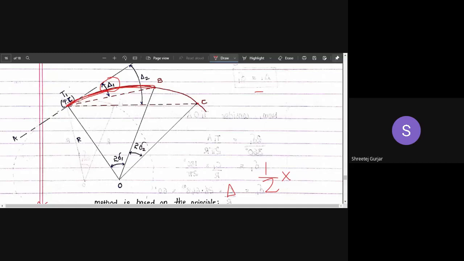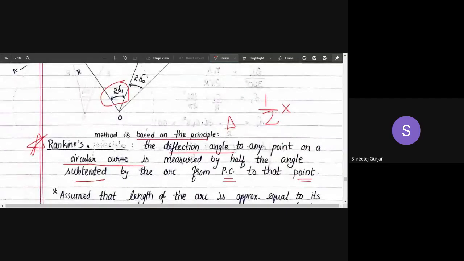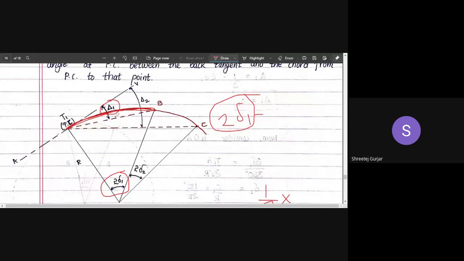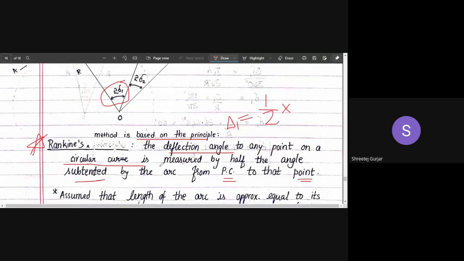The angle subtended by this particular arc, meaning this angle, is 2 delta 1. So the principle says the deflection angle to any point on a circular curve is measured by half the angle subtended by the arc from PC to that point.